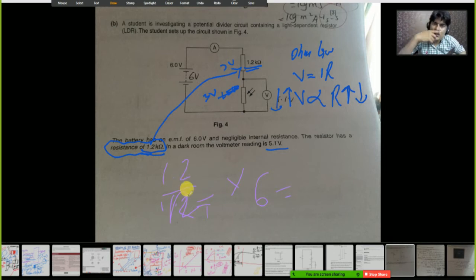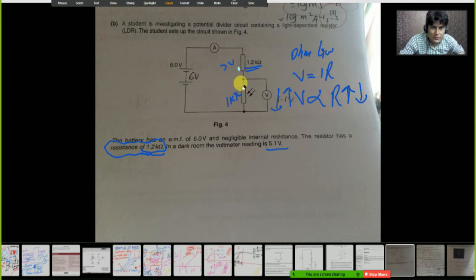Yeah, the voltage divider rule. If you want to apply the voltage divider rule, let's say this resistor is 1 kilo ohm. How will you apply the voltage divider rule in this case? Let's say, if I give you this resistor value, then the voltage across this is not 5.1 volt.